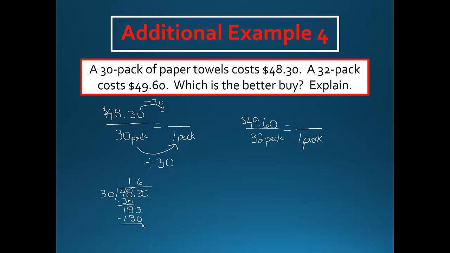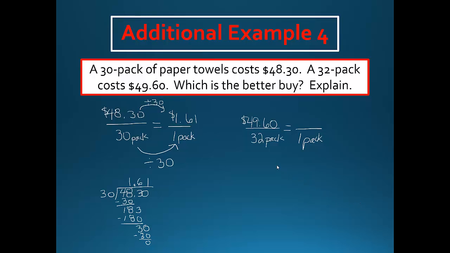And now I subtract, and I get 3, and then I bring down my 0. 30 goes into 30 one time, and that's 30, and when I subtract, I get 0. I bring my decimal straight up. So it's going to cost $1.61 per pack.